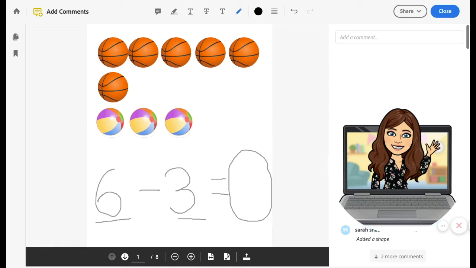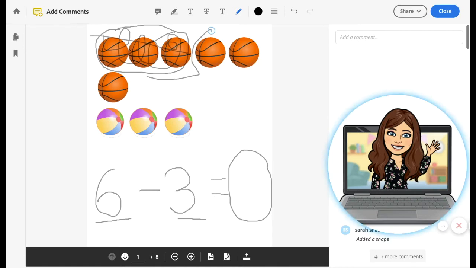A good way that we can figure this out is by crossing out 3 of the balls from the bigger number, the first number, which is the basketballs. So we're going to cross these out. All of these are what are being subtracted. And these that are left over that I'm circling are what 6 minus 3 equals.